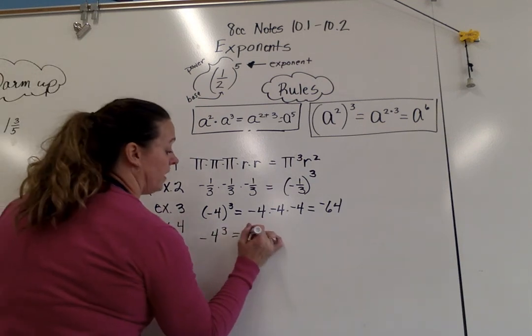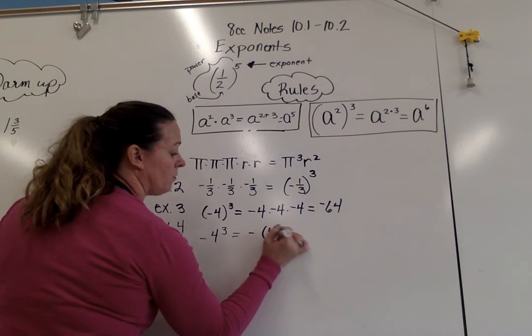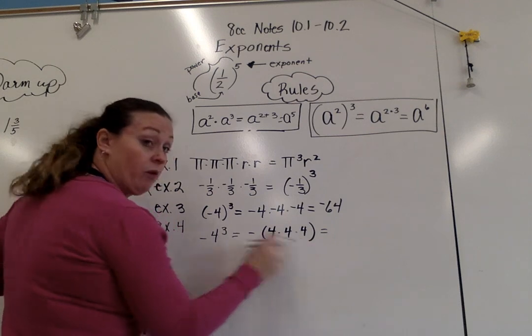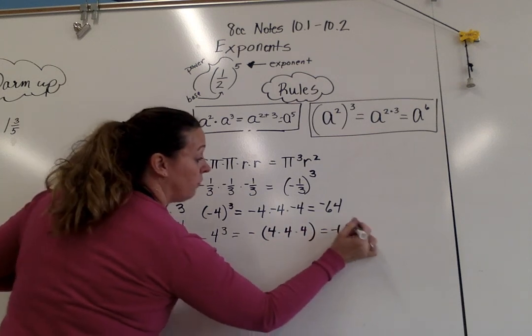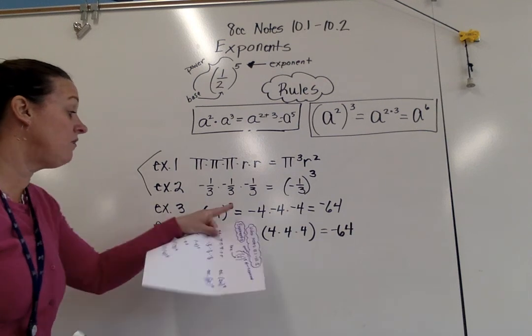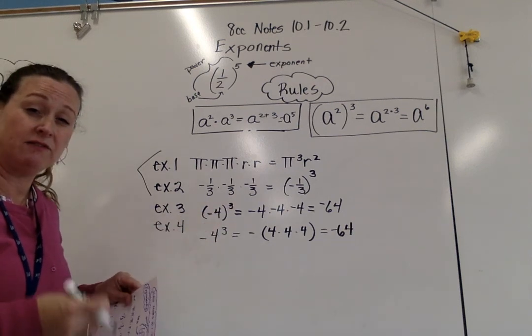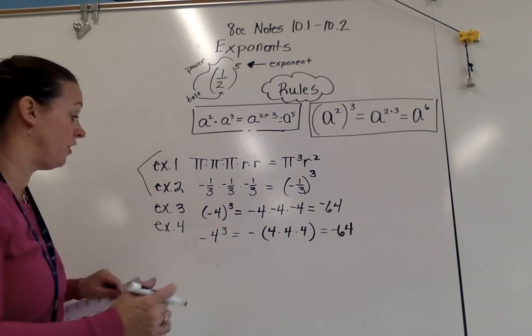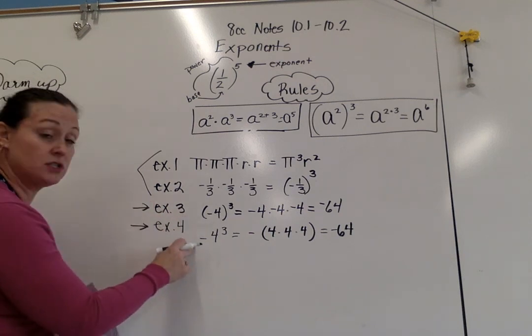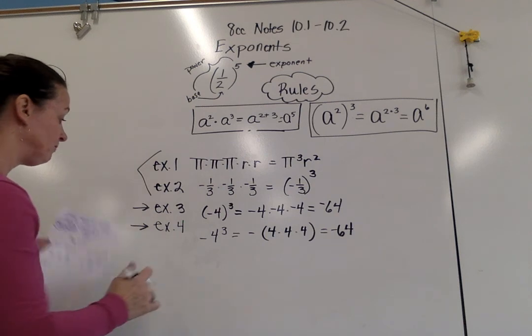If I write that out, 4 times 4 times 4 is 64. The opposite of 64 is negative 64. In this case, the answer ends up being the same. If it was an even exponent, the answer would be different. So please pay attention to where the negative is located inside the problem.